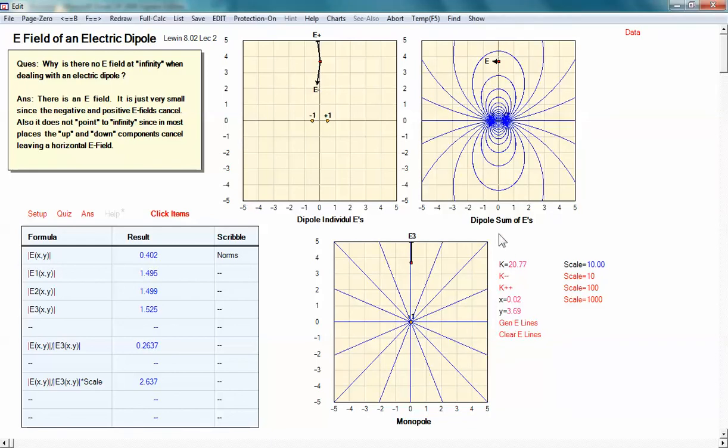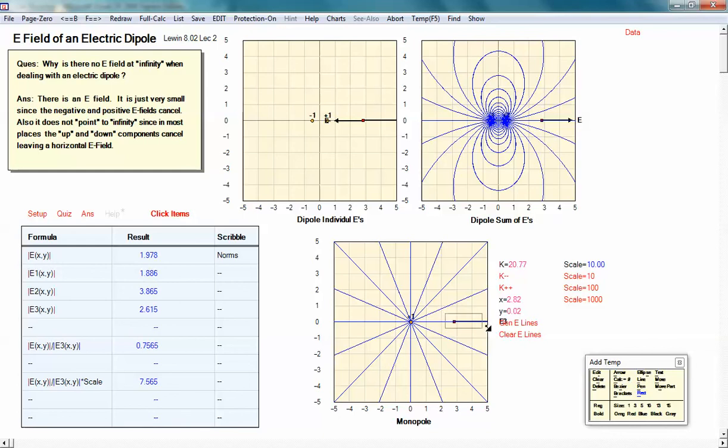But there they are. And now we can see why the E field is shaped the way it is, especially up in this region. The canceling of the up and downness over here gives rise to a horizontal vector. At any point along here, you're going to end up with a horizontal vector. And down here also, because of the canceling. Now, if you look over here, by way of contrast, this looks like the same sort of thing that's going on down here in the monopole case.